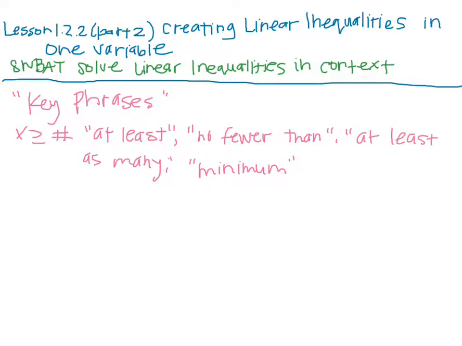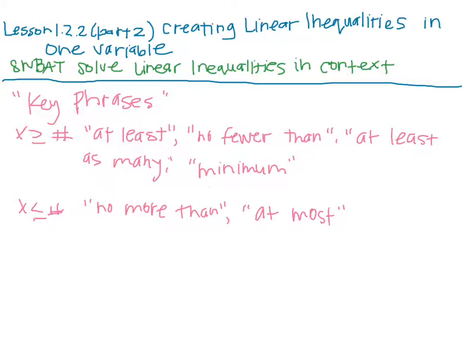Let's look at examples for x is less than or equal to a certain number. Let's say the teacher tells you you can have no more than 3 in the group. That means the number of people in the group needs to be less than or equal to 3. "At most" means you can't earn more than that number.